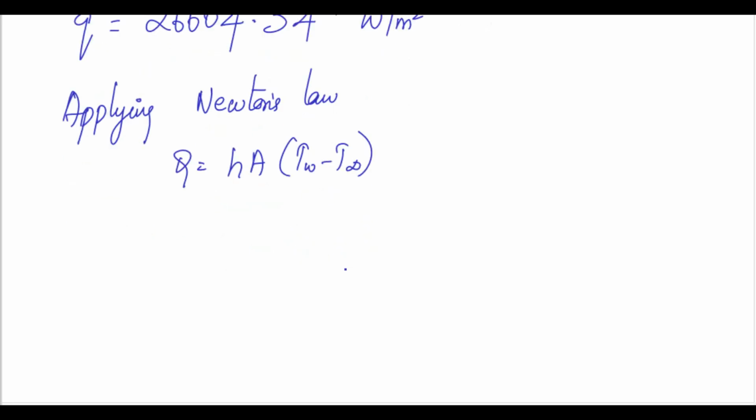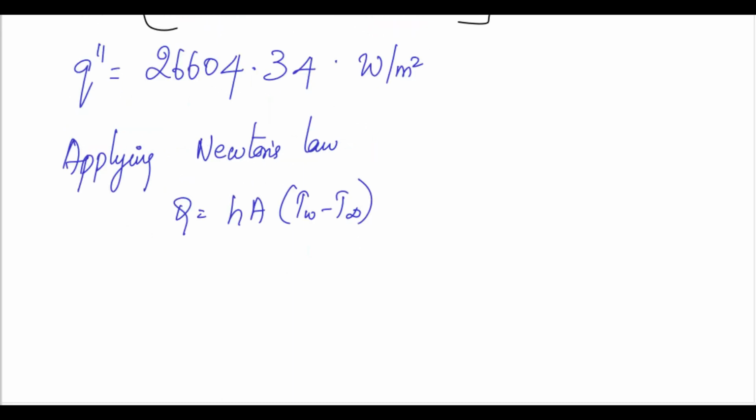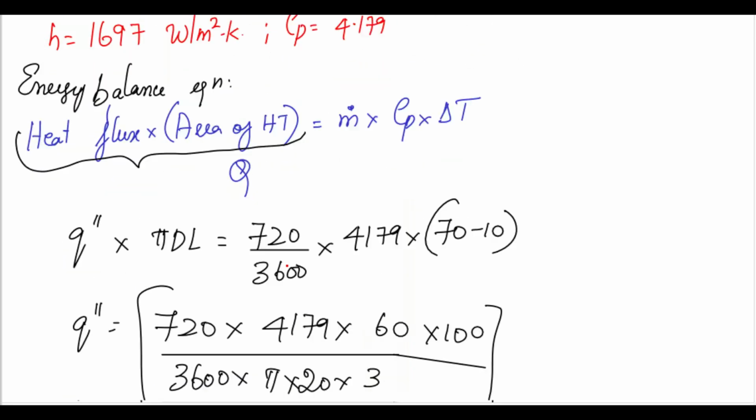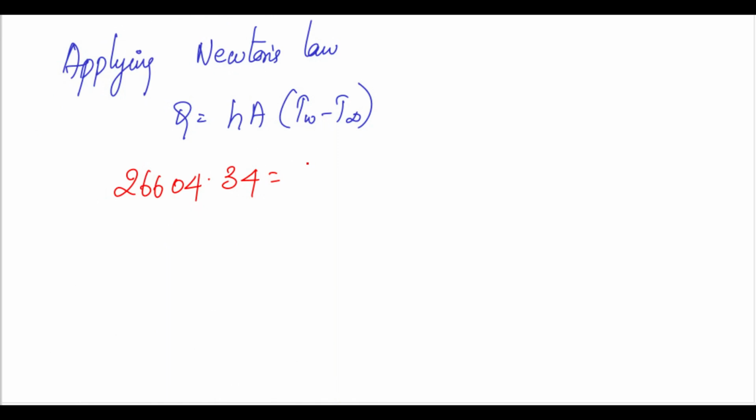Now the A goes across and it becomes a heat flux. So Q by A would be 26604.34, H is 1697, times T wall minus T infinity.